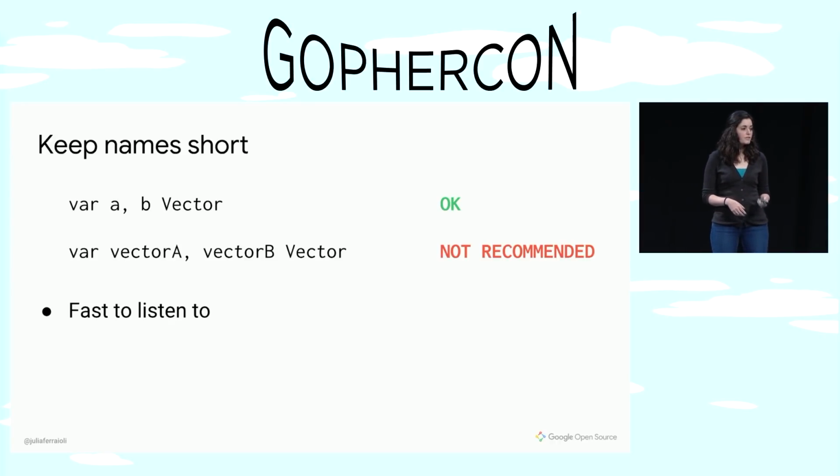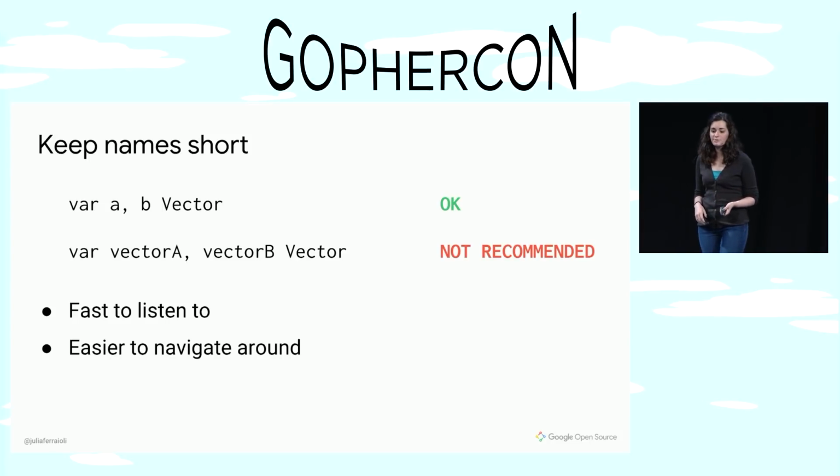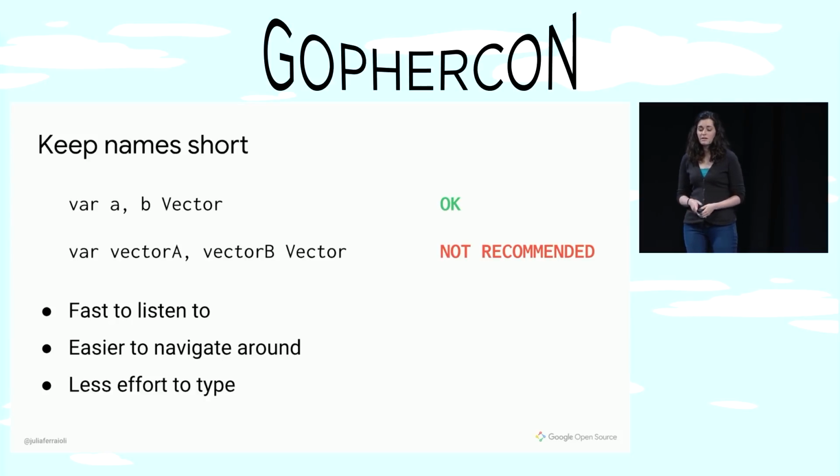So short variable names are easy to listen to, and they're easier to navigate around. So if you have difficulties with small motor control, this is really important. Or it's less effort to type, not just with a keyboard, but if you're using speech to text. Vector A is actually pretty hard to get speech to text to recognize.